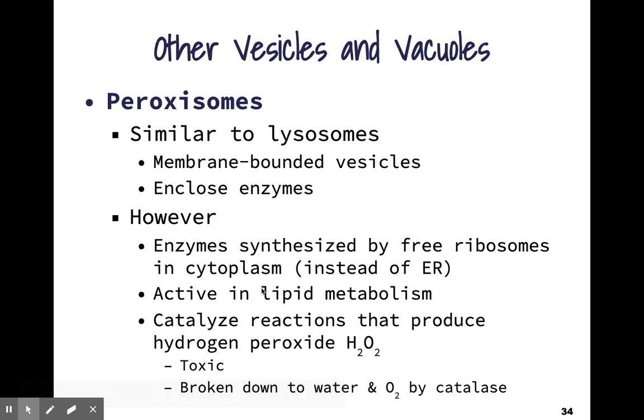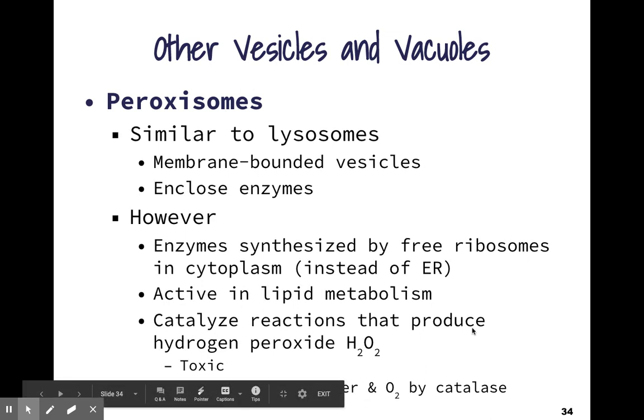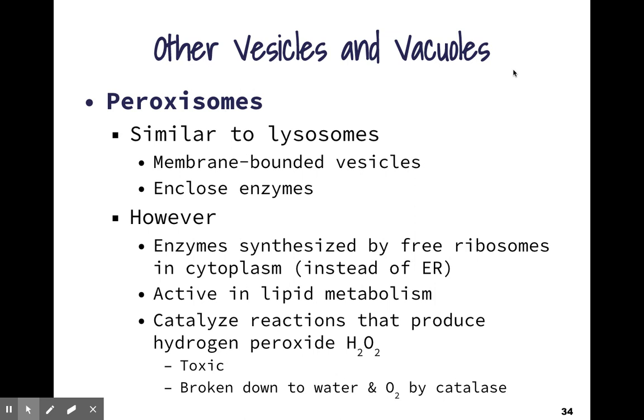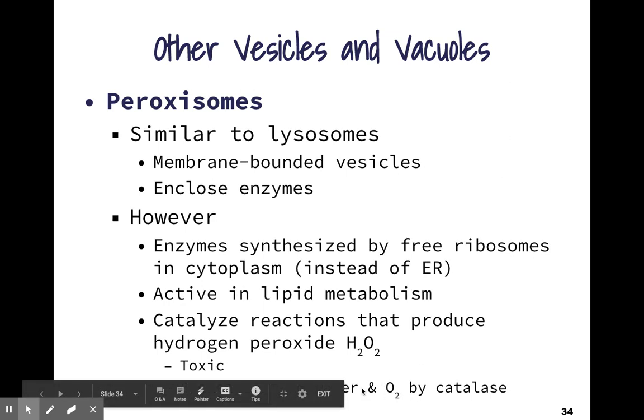And what they do is they are active in lipid metabolism, or for breaking down fat. They help to catalyze reactions that produce hydrogen peroxide. Hydrogen peroxide is toxic in our system, H2O2. So the enzyme catalase will break down hydrogen peroxide into water and oxygen.